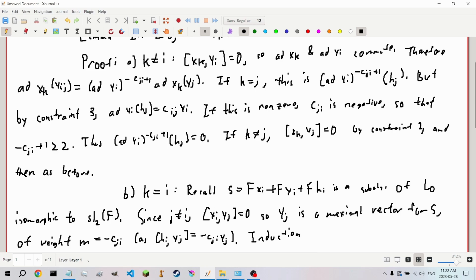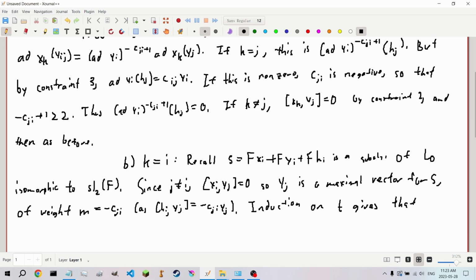Induction on t gives that the adjoint of xi on the adjoint of yi to the t on yj is equal to t times m minus t plus 1 times the adjoint of yi to the t minus 1 on yj.